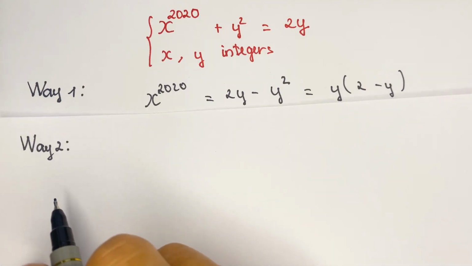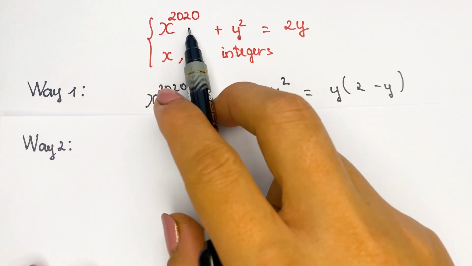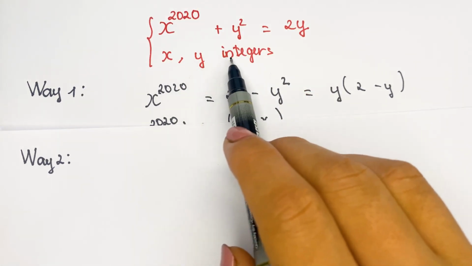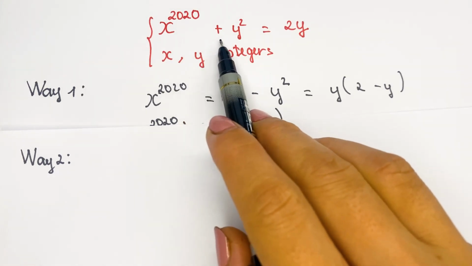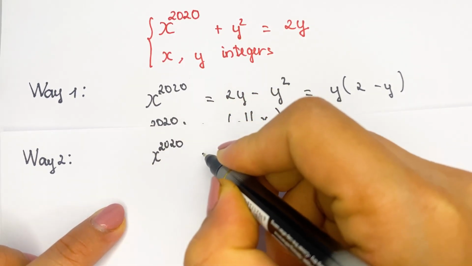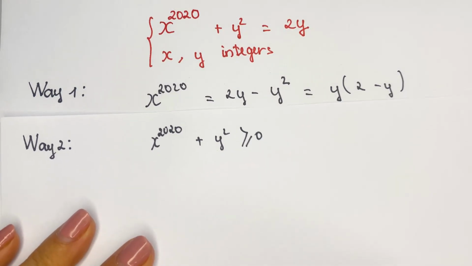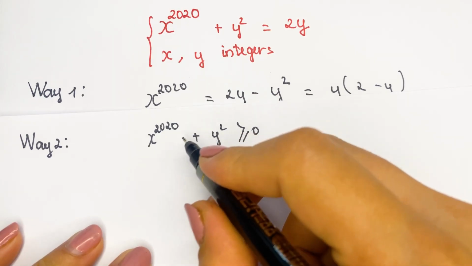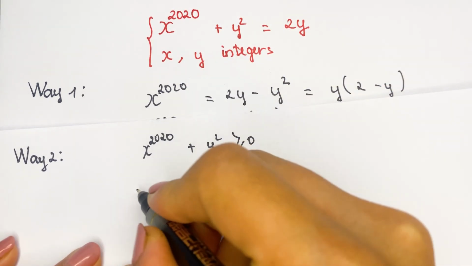Second way, everyone can see that x^20 and y squared are perfect squares because they are integers, right? So they are both non-negative, right? It means that x^20 plus y squared, they are both non-negative, so y squared plus a non-negative number equals y, right?